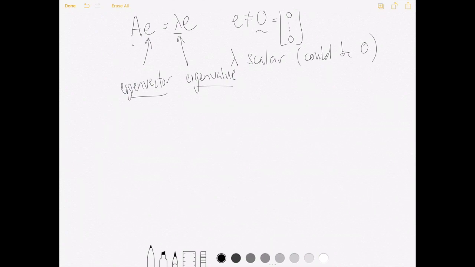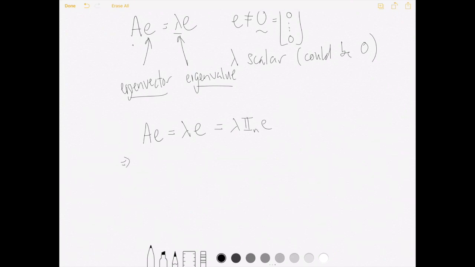Well, we can use a determinant to find the eigenvalues of A. Indeed, after some manipulation of this identity, if we have A E equals lambda times E, then we notice that that is just the same as lambda times I n times E, right?